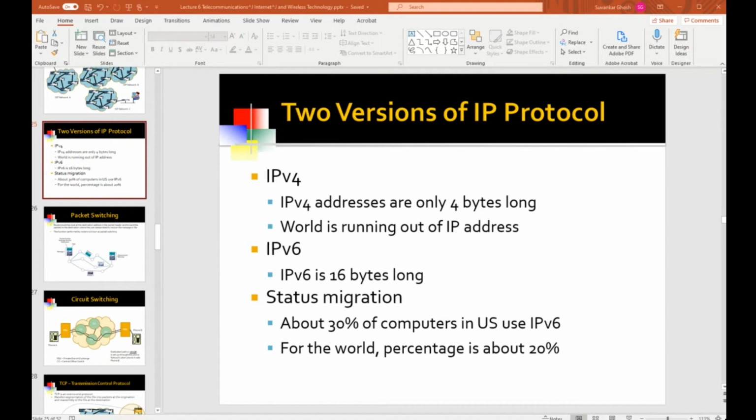Today in the U.S., about 30% of the computers use IPv6. When you consider the entire world, it's about 20%. So like I said, it's a slow migration. It's been going on for 10, 12 years, and this is the state of affairs today. But certainly, everybody recognizes that if you talk about 4 bytes of IP address, then indeed the world is running out of IP addresses, and the salvation is going to come through IPv6.